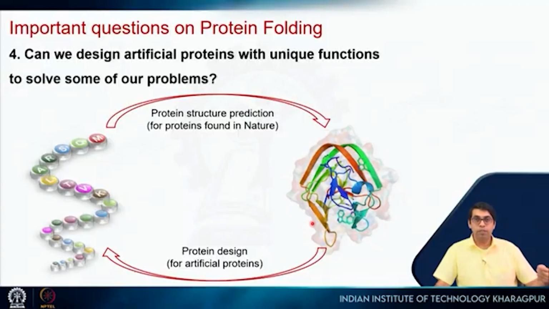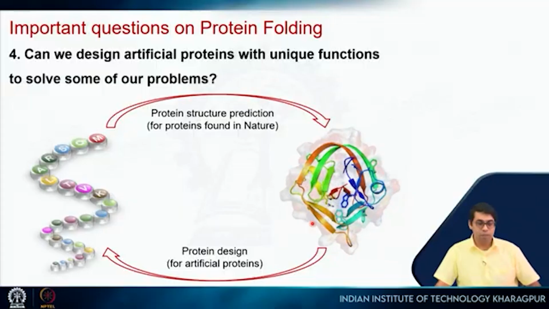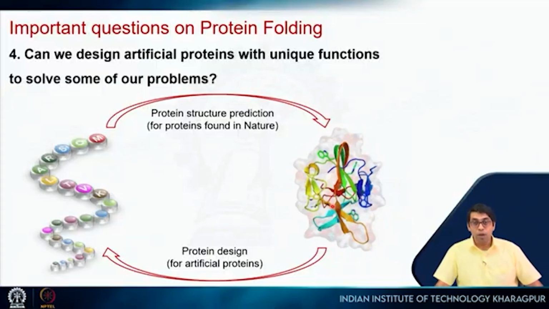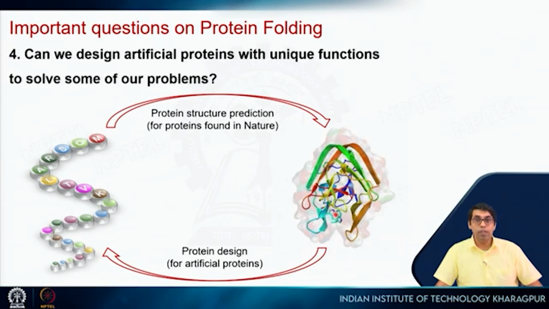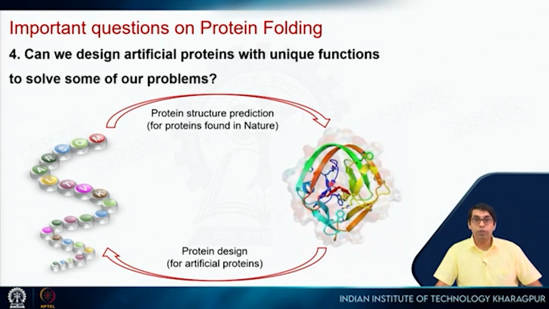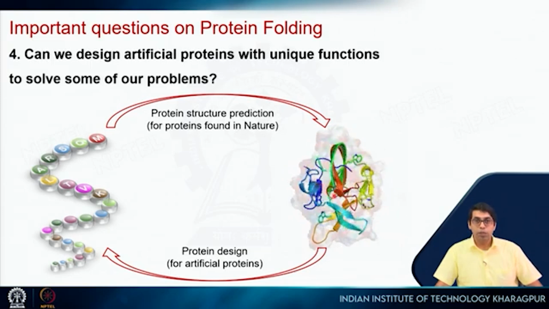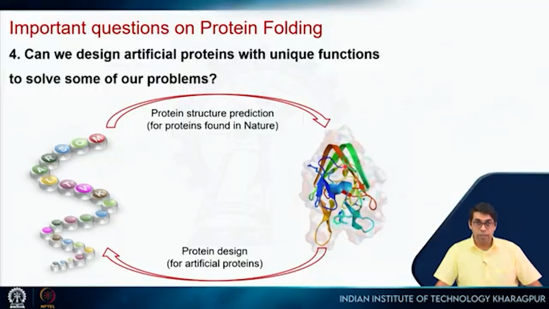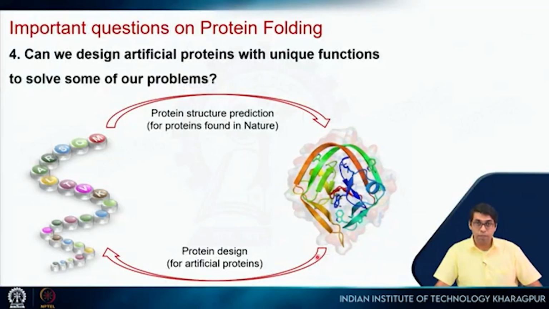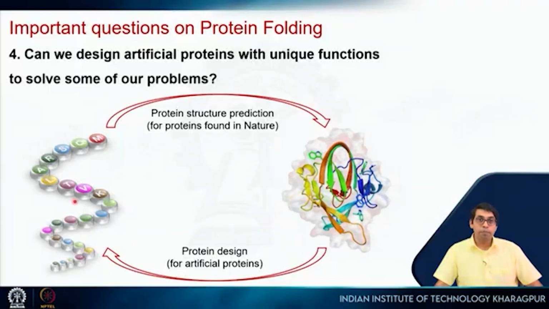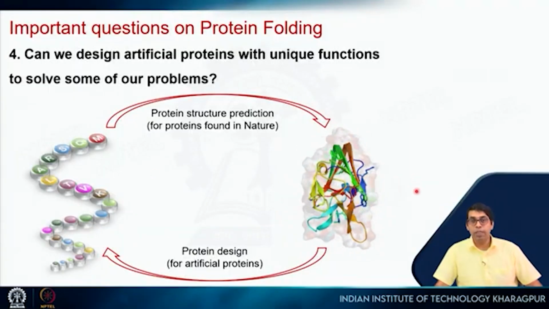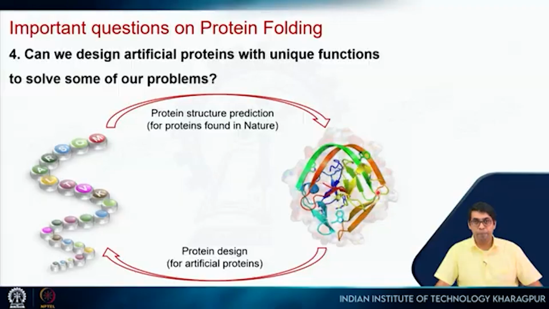That's the machine. We think that this machine will do this function. Now, can we design a sequence which will fold into this three-dimensional structure? So we have some knowledge of this structure, or we have designed this structure. Now, can we predict the primary sequence which will fold into this three-dimensional structure, right?